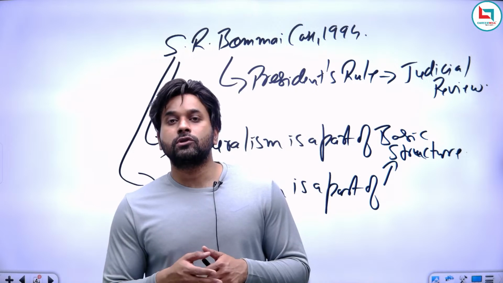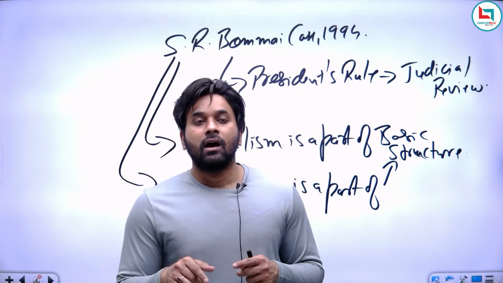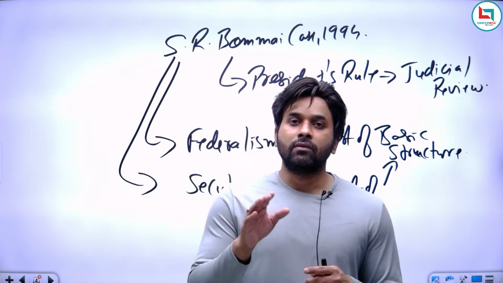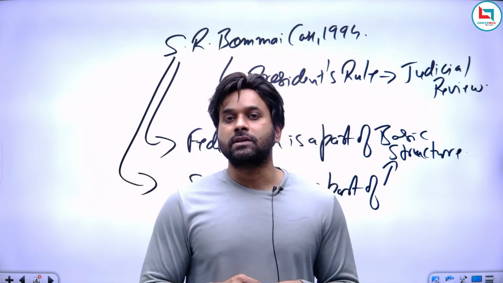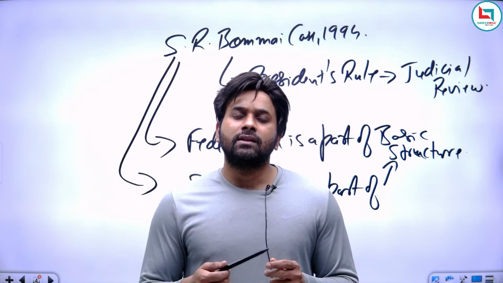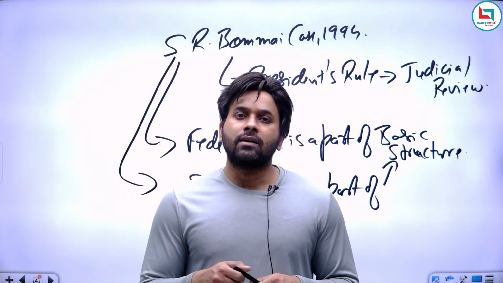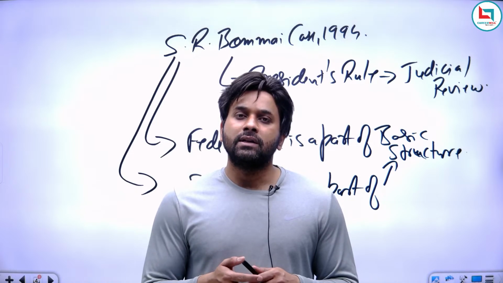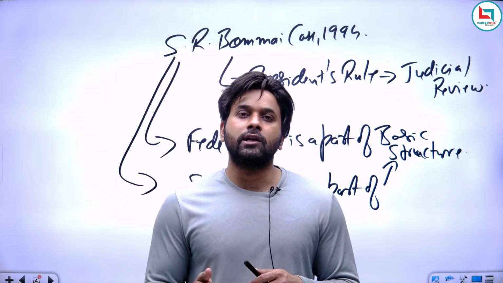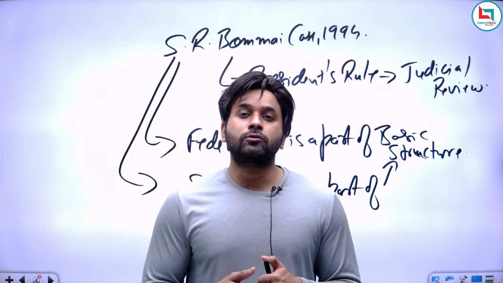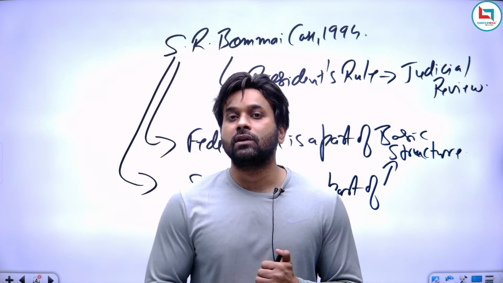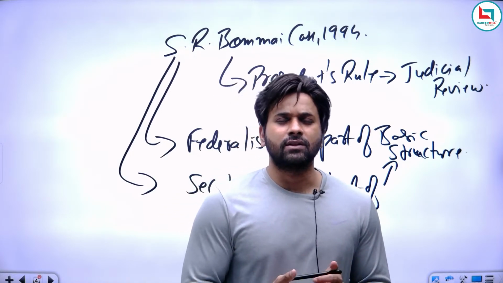First of all, you have to search for alternatives, only then can the governor recommend President's rule to the president. And I remember in the last class I explained that it is not necessary for the president to impose President's rule on the recommendation of the governor. The president can impose it even without the governor's recommendation. So it is not necessary.